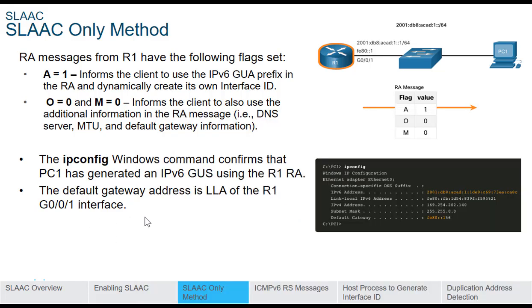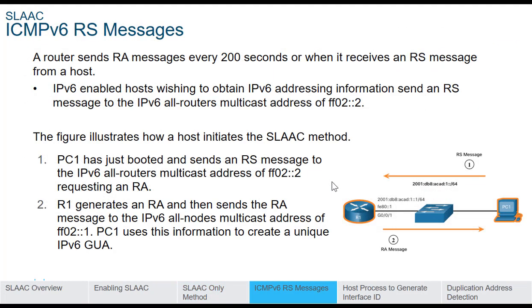So the next concept is ICMPv6 RS messages, router solicitation messages. So by now we should know that router advertisements are sent every 200 seconds by an IPv6 enabled router to all the hosts that exist within the segment, the subnet that it is connected to, through a multicast address of FF02::1.